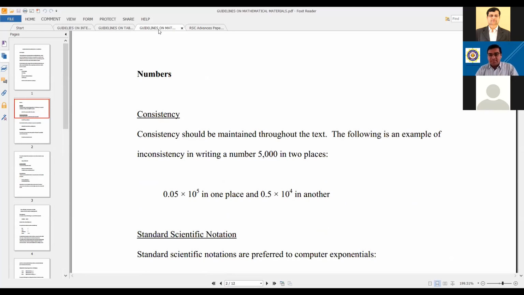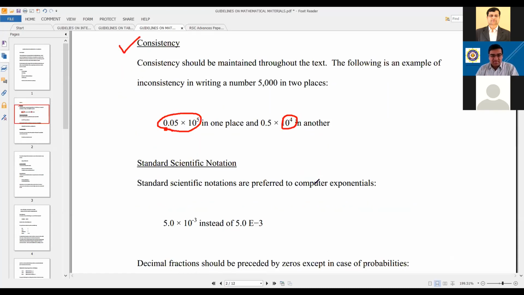So one should maintain the consistency in representing the numerals. So don't use 0.05 into 10 to the power 5 in one place, and in another place change the exponent, right? Try to keep it simple. Whatever you are using for the first time, repeat that.